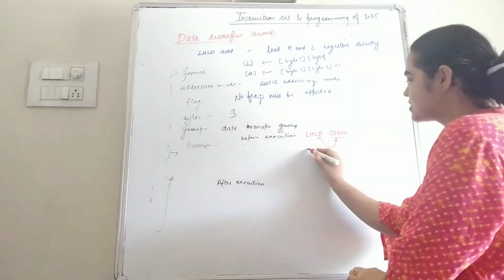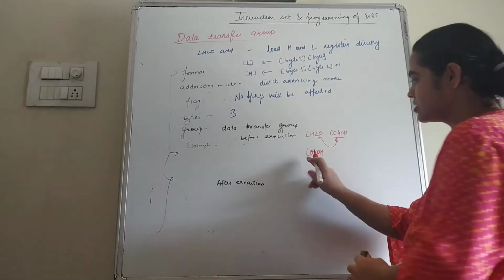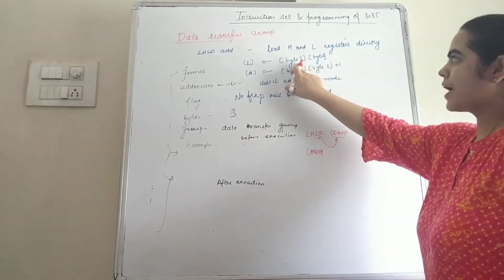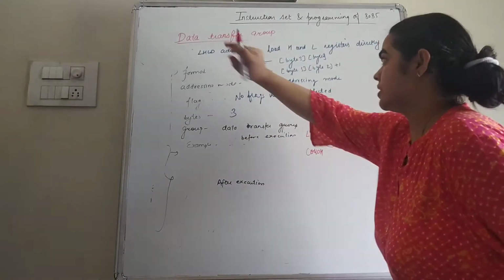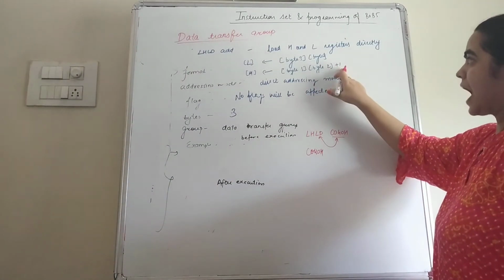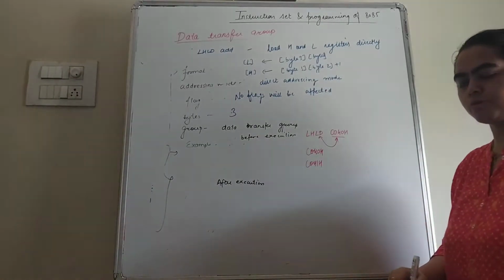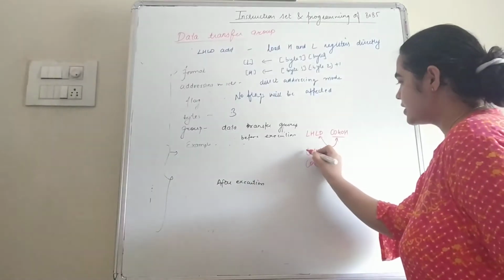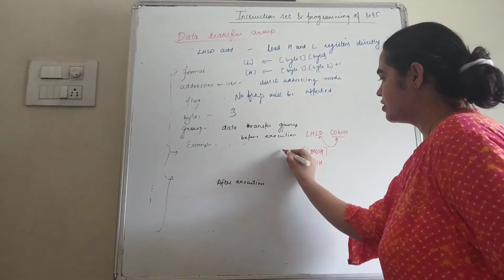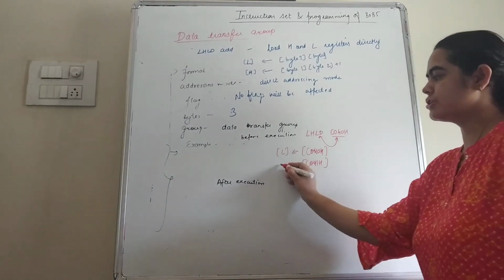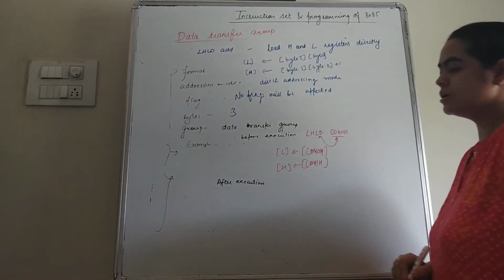For example, we have a memory location C040H, that is represented by byte 2 and byte 3, which is the address, and if we add 1 to the address, then the next memory location is C041H. So the contents of this memory location will be stored in the L register, while the contents of this memory location will be stored in the H register.